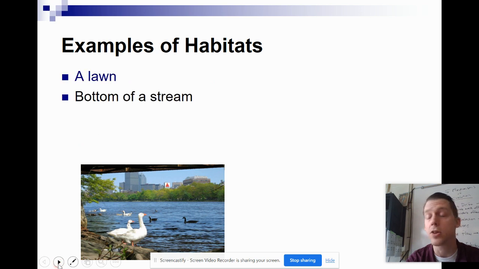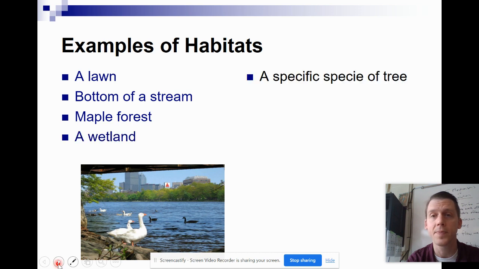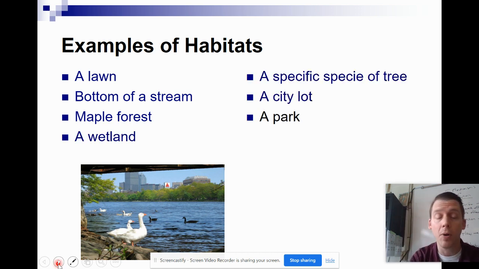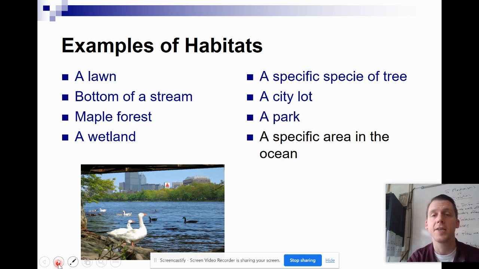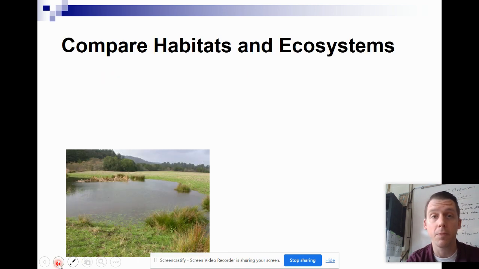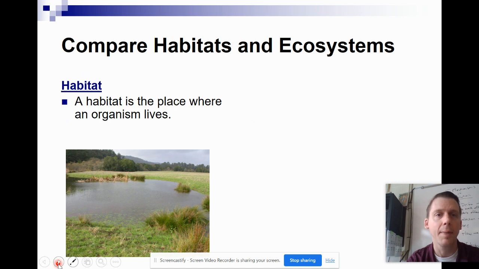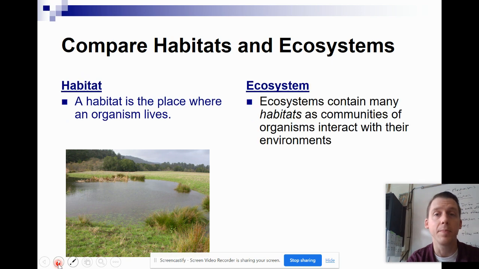Examples of habitats: a lawn, the bottom of a stream, a maple forest, a wetland, a specific species of tree, even a city lot or a park can be a habitat, a specific area of the ocean as well. Habitats are where an organism lives, and an ecosystem is probably going to have more than one habitat. So you're going to have lots of habitats in an ecosystem. That's really the difference there.